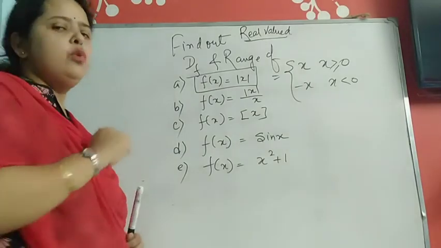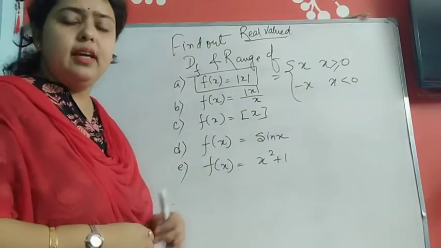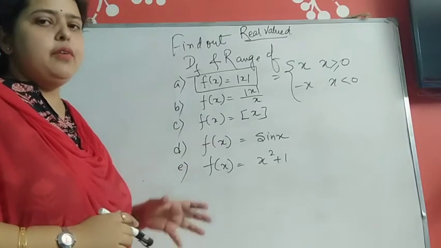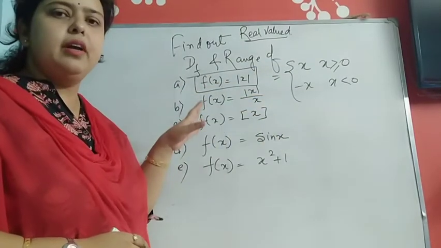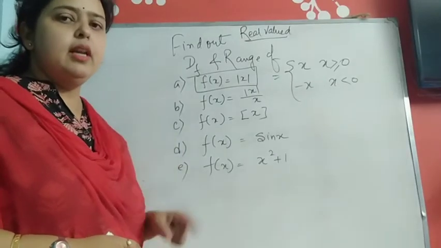So what we know from the definition of the modulus function is that we always get the positive answers out of it. Whenever we insert real numbers, whatever kind of real numbers, we get only positive real numbers.